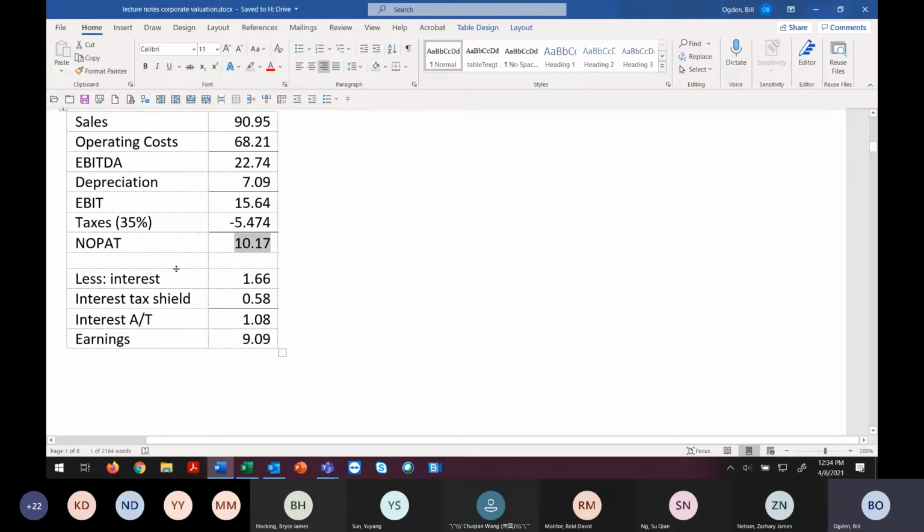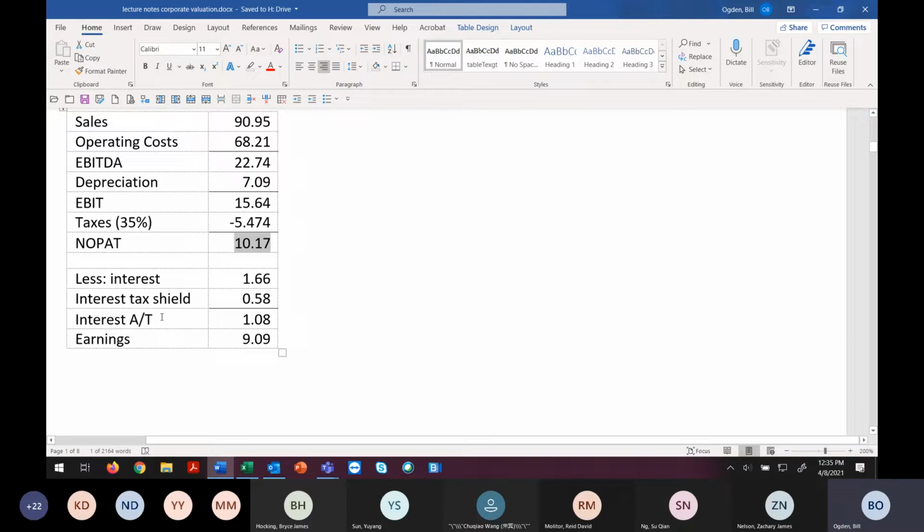Okay, but on the other hand, the bottom half of the income statement, if I would express this interest on an after-tax basis, in other words, I'll take this interest and remove the interest tax shield. Okay, so I hope you remember. How do we calculate interest tax shields? It's just the tax rate times the interest, isn't it?